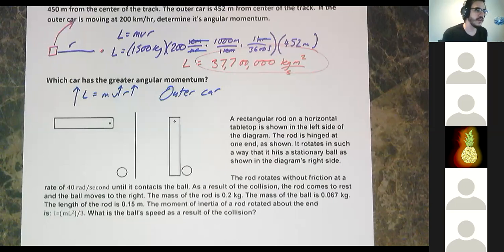Because if you use moment of inertia times angular velocity to find the angular momentum, the change in radius is squared. So a little change in radius is going to give a reasonably large difference in angular momentum. But then on top of that, there's a translational speed difference.